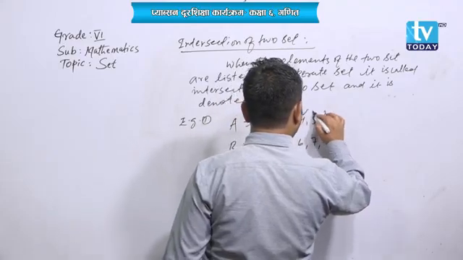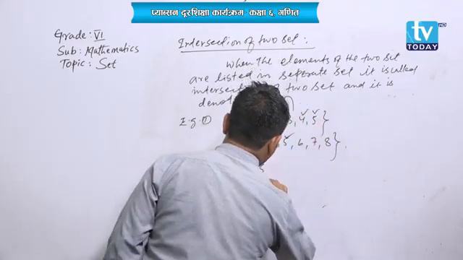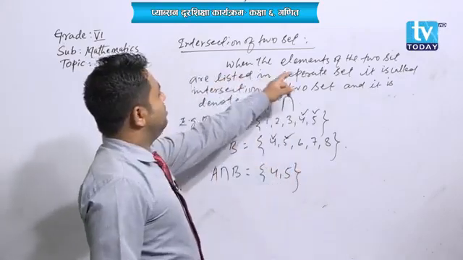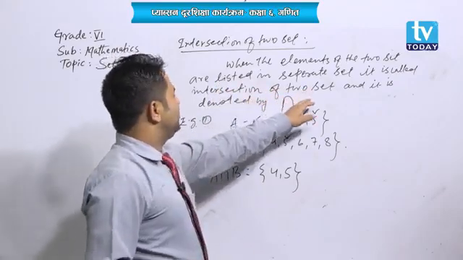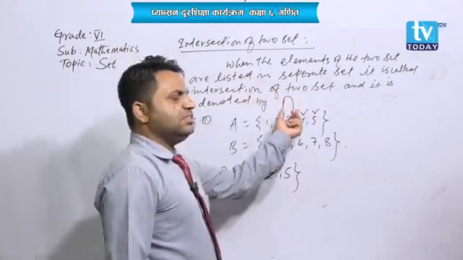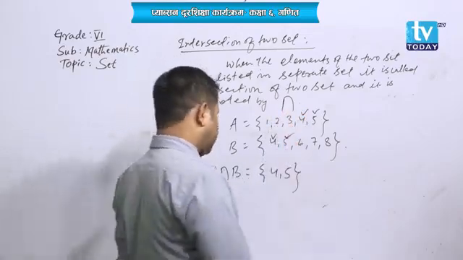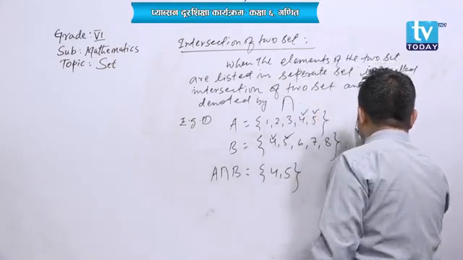What are the common elements? 4, 5. Here also 4, 5, so the intersection is 4, 5. When the common elements of the two sets are listed in a separate set, it is called intersection of two sets, and it is denoted by this symbol. This symbol denotes intersection.